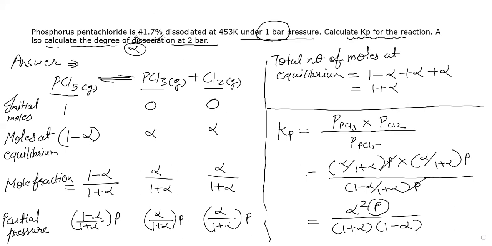Alpha is given here as a percentage: 41.7%. Therefore, alpha is equal to 41.7 divided by 100, so it gives the value 0.417. Put this value of alpha here. So we know alpha, we know P, so we can easily calculate Kp here.